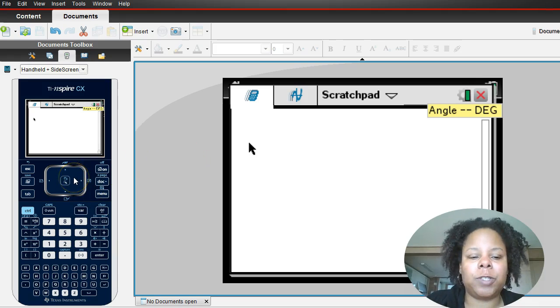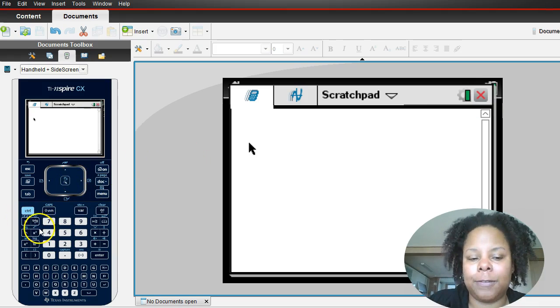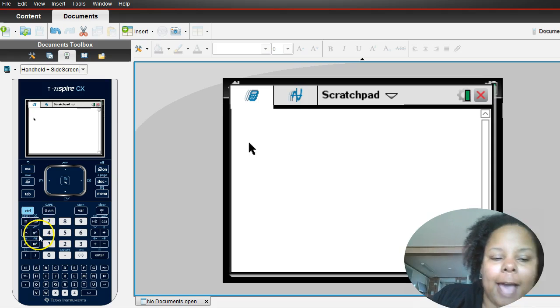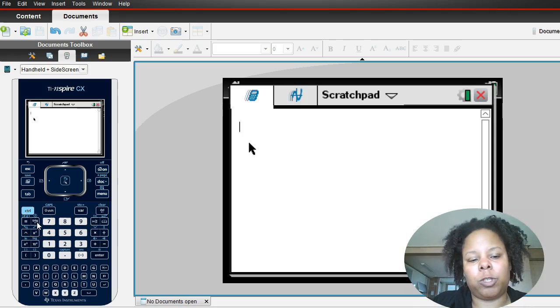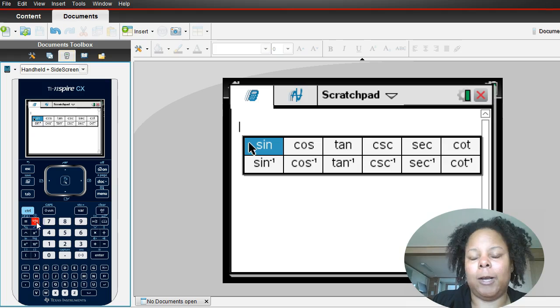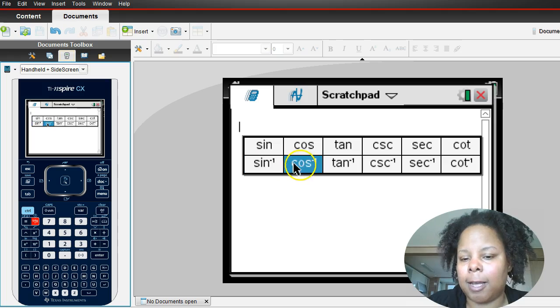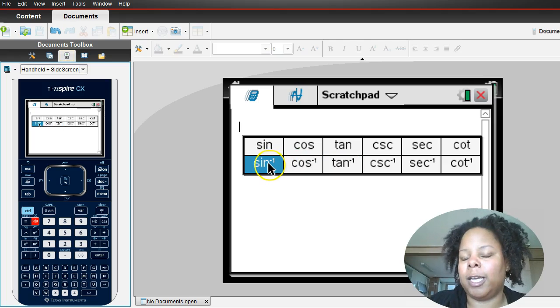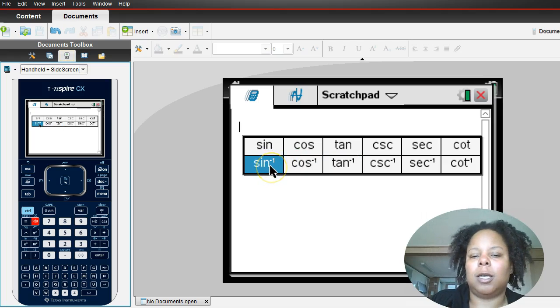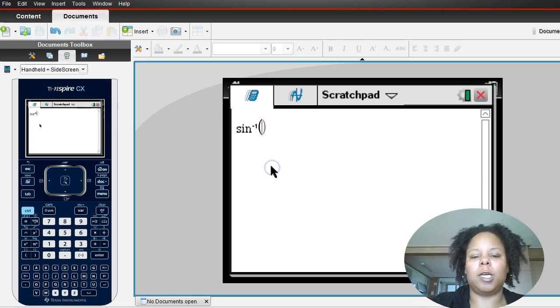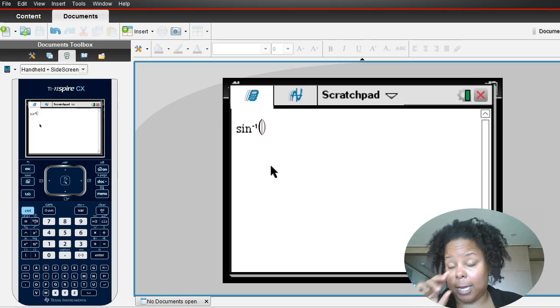Now, to use the arcsine or sine inverse function, we go to the trig button, which is right next to the number 7. When we pull up the trig button, we see at the top the sine, cosine, tangent ratios, as well as some other trig ratios. But at the bottom are the arcsine, arccosine, arctangent, or the inverse trigonometric functions. So to use sine inverse, we click sine inverse.